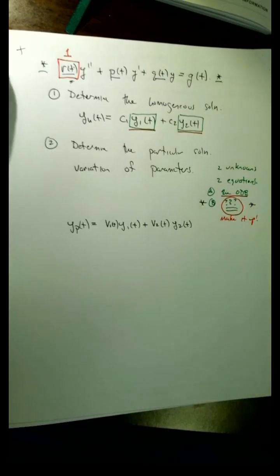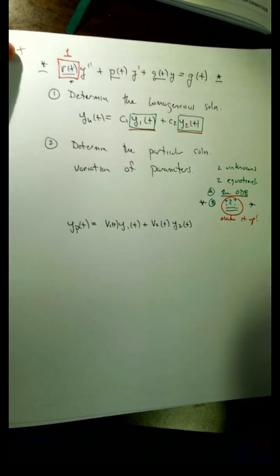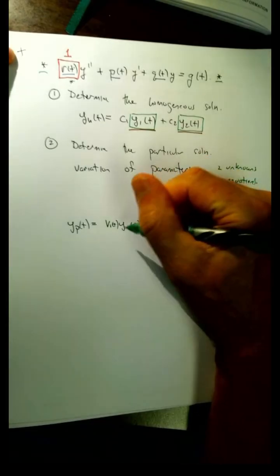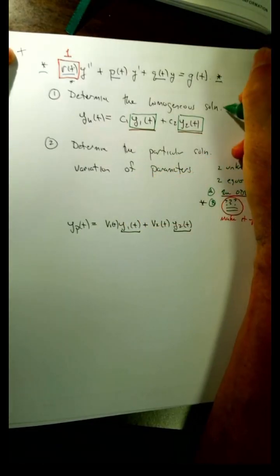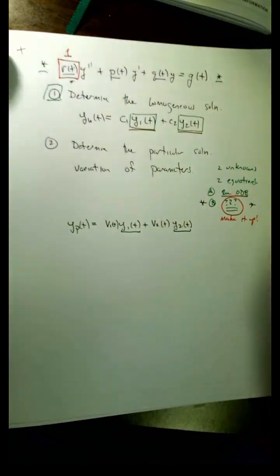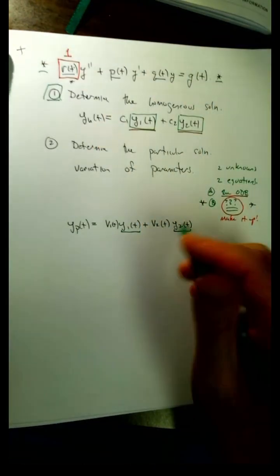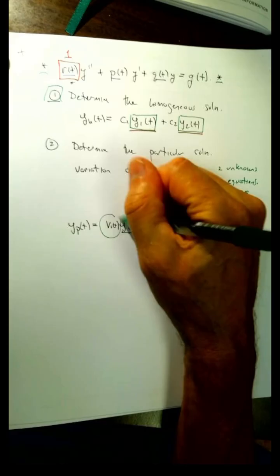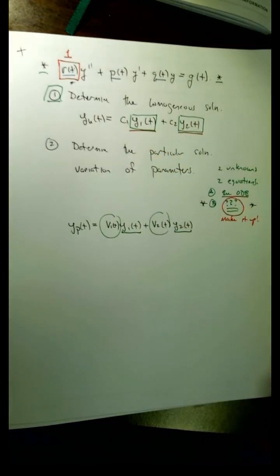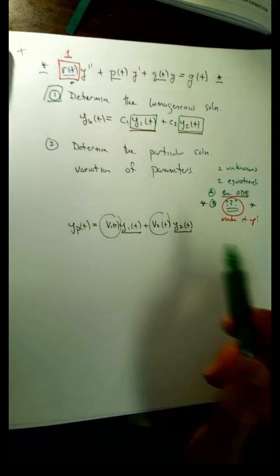What matters here is that I'm assuming I have y1 and y2 because I've taken this step to determine the homogeneous solution. Given that I have y1 and y2, I'm going to make up a new system of equations for v1 and v2.